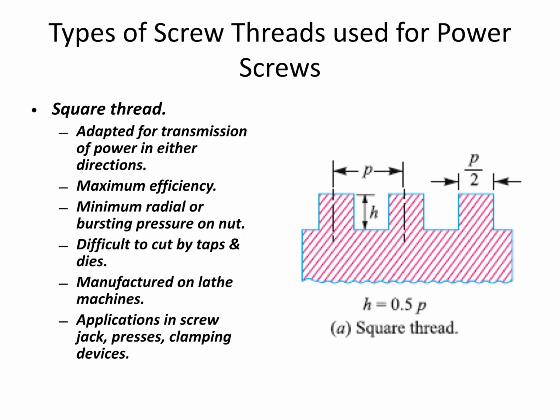Now as far as power screws are concerned, what type of thread profiles must be there? Three types of thread profiles are used for the power screws. One of them, most regularly used, is called a square thread. You can see over here, this square thread has a square thread profile.